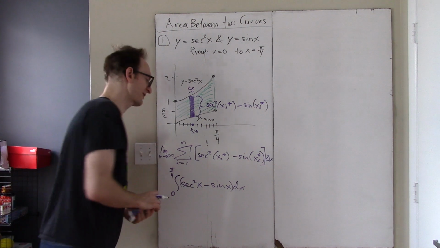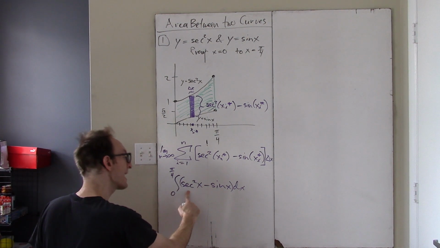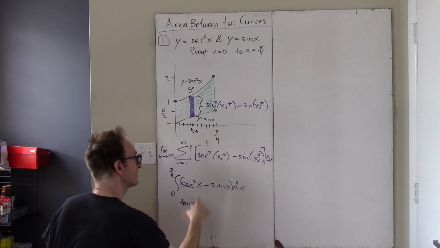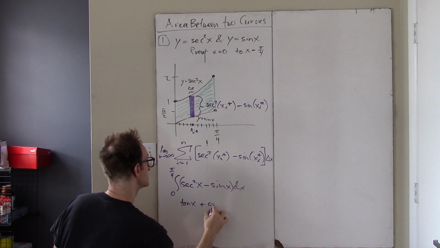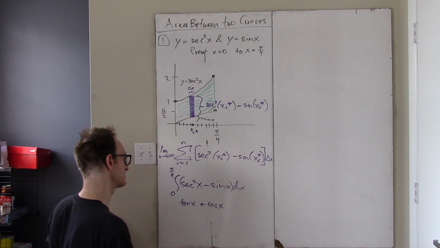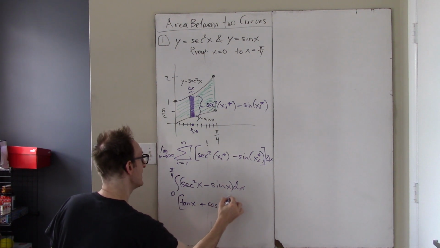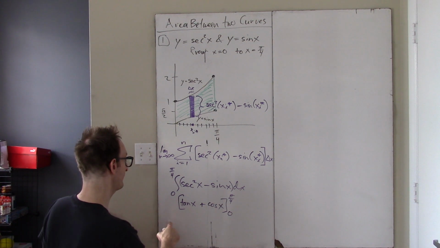Fundamental theorem of calculus to the rescue. Do you know how to antidifferentiate secant squared? I do. It is tan. And do you know how to antidifferentiate negative sine? Yeah, it's cosine. So I guess we just get tan plus cosine, evaluated at pi over 4 and 0. Now we have to be careful.